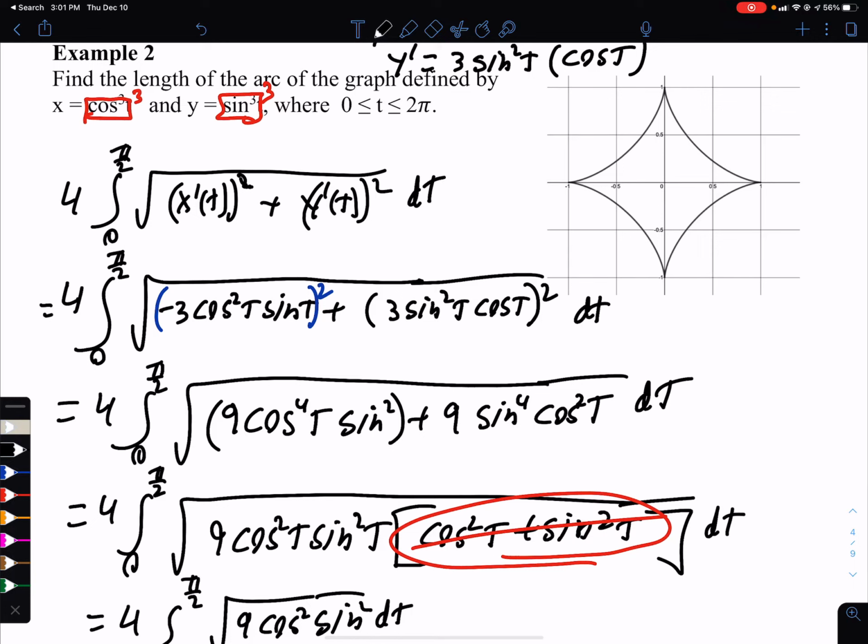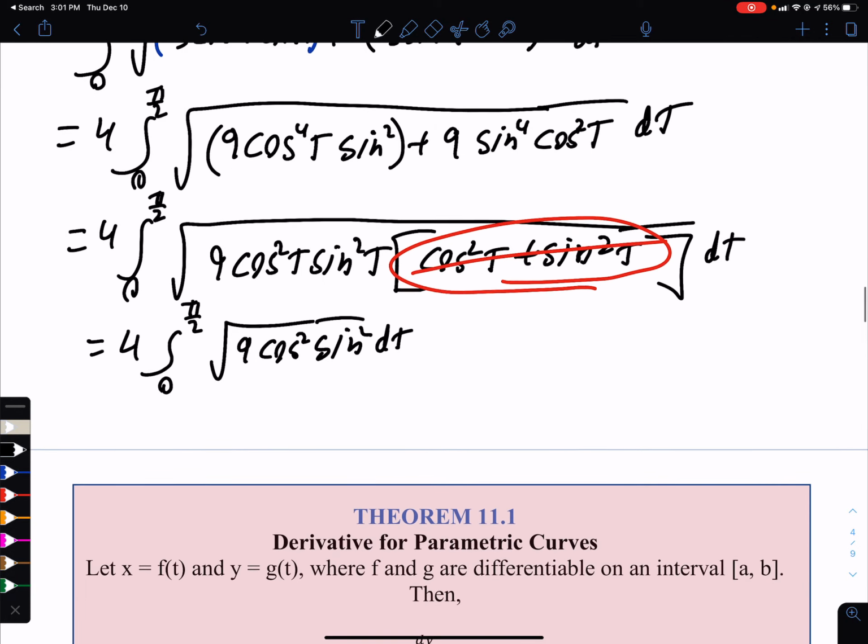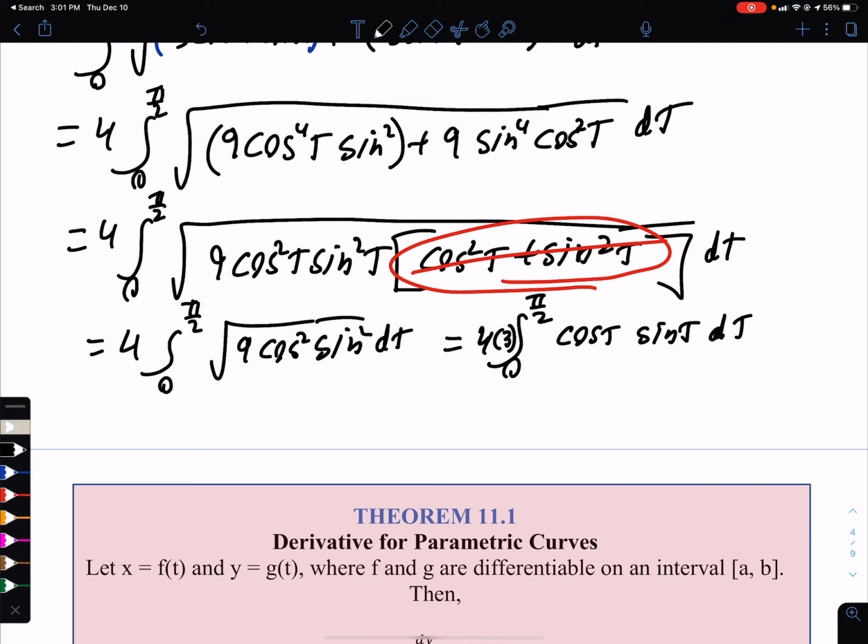But the square root of 9, we know that's 3. Square root of those, the squares disappear. And it gets more beautiful as we go. It's going to be 3. I'll pull the 3 out in front. And we're left with cos t sine t dt.